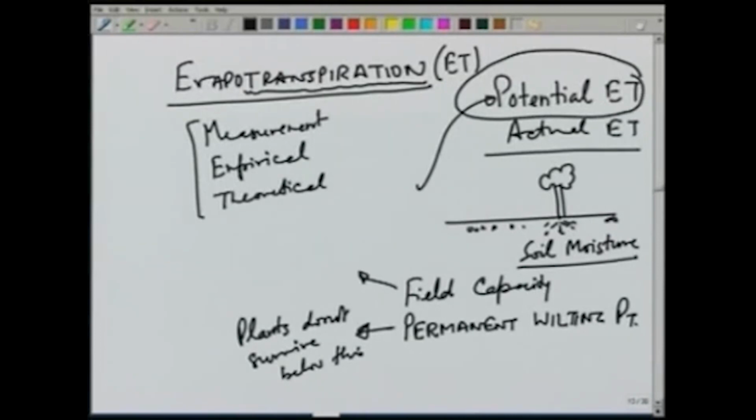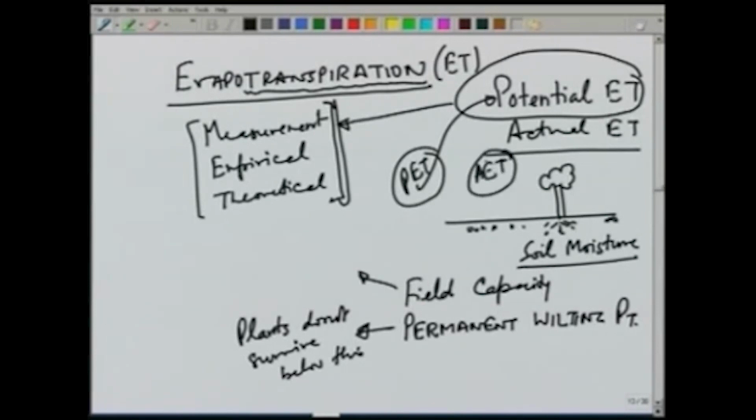So, potential evapotranspiration is the one which we can estimate using these methods. Actual evapotranspiration will depend on the field conditions. So, we will look at some of the methods of estimating the PET. And the actual evapotranspiration AET when compared with PET will decide on whether plants are able to get enough water or not.